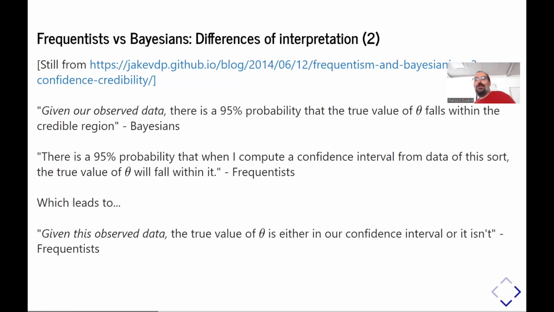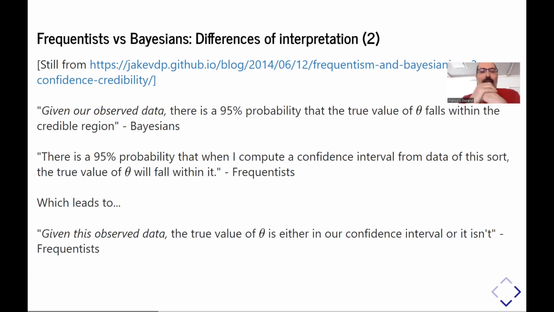Still another way to say it: the Bayesian would say, given the observed data, there is a 95% probability that the true value of theta falls in the credible region, whereas the frequentist would say there is a 95% probability that when I compute a confidence interval from data of this sort, so when I repeat that procedure, the true value of theta falls within the confidence interval.